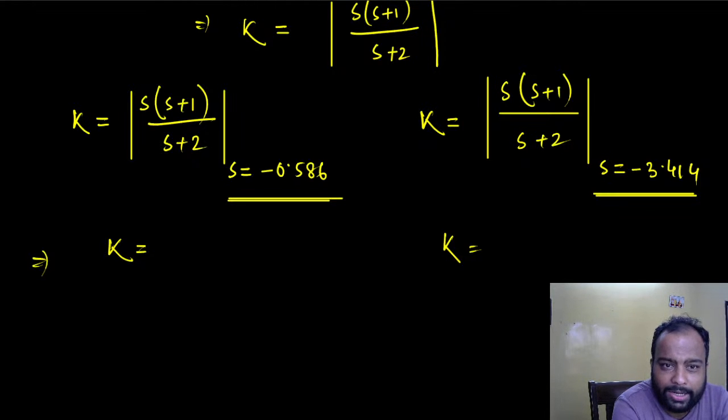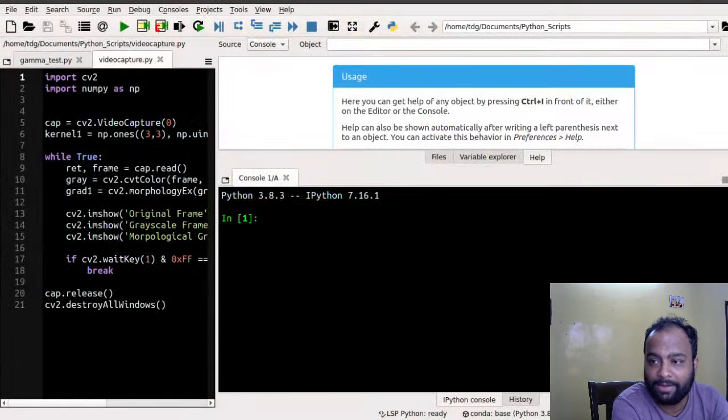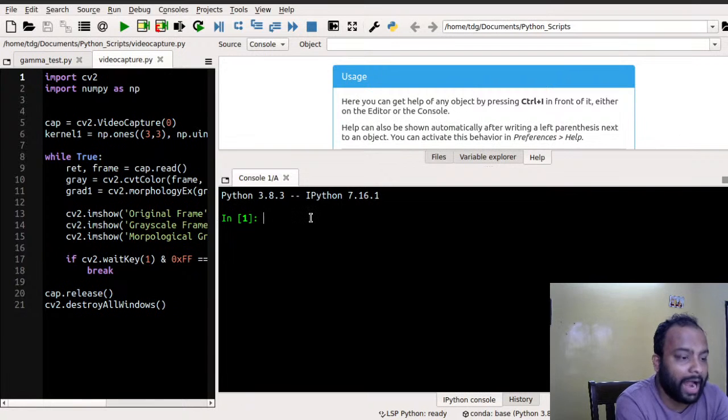I really would like to do it using Python, because that's a much better calculator, right? Honestly speaking, this calculation can be done pretty easily, but I like to do it the hard way somehow.